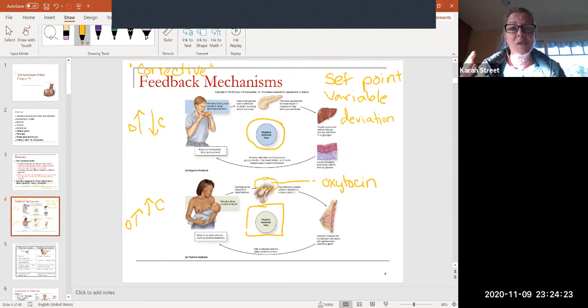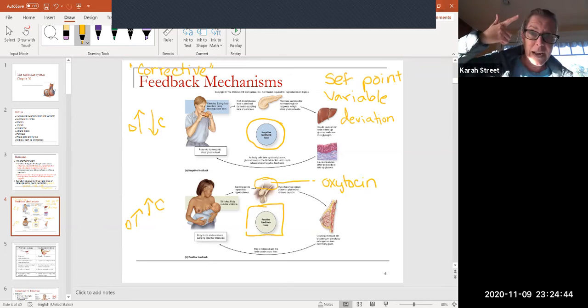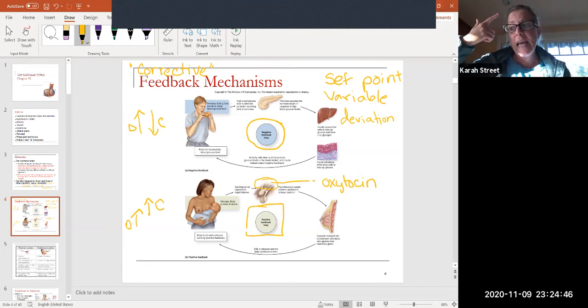And the oxytocin causes the glands in your breasts to compress, and then the milk comes out. So oxytocin doesn't make milk, but it causes the compression of the glands, and then you release the milk, which makes the baby start suckling even more. And as they keep suckling, it sends more action potentials up to your brain, and that leads to more oxytocin.